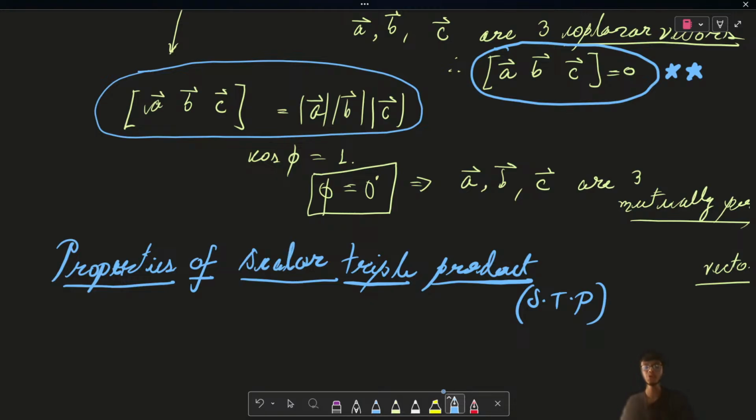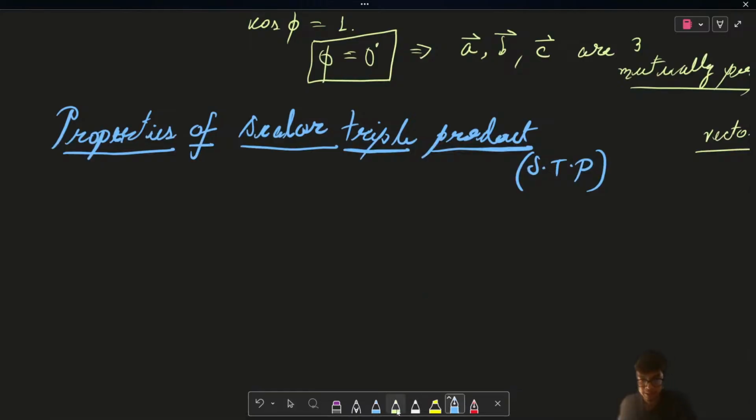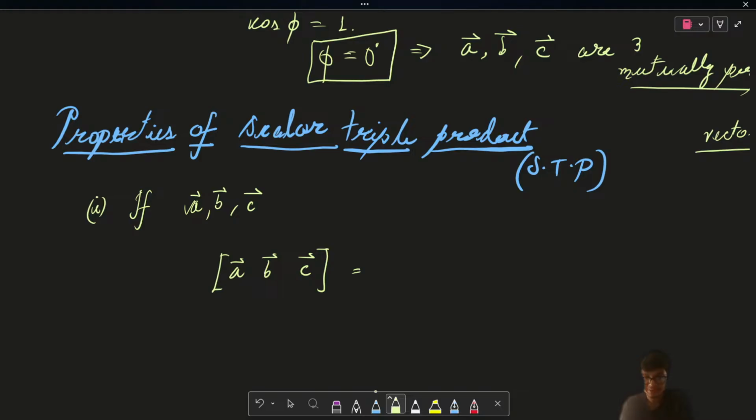So let's now go on to understand the importance of scalar triple product. Let us try to understand the first property, which is a very important property, and you will be seeing these particular properties many times. What does this property talk about? If I have these three places such that I put this A vector over here and C vector over here and then B vector over here, I am doing some even number of interchanges.